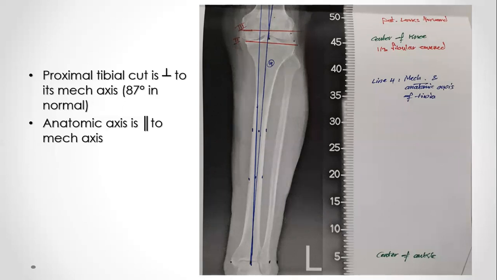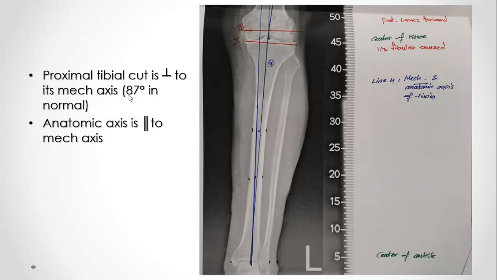Okay, so the number 4 is the anatomic and mechanical axis as well. You know that in the previous webinar we said the knee joint in a normal knee is not perpendicular to the anatomic mechanical axis, because there is 3 degrees of varus.